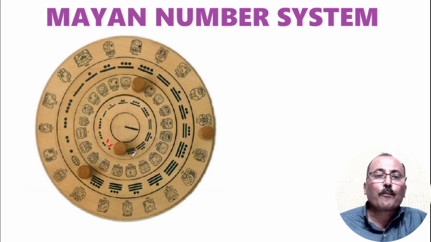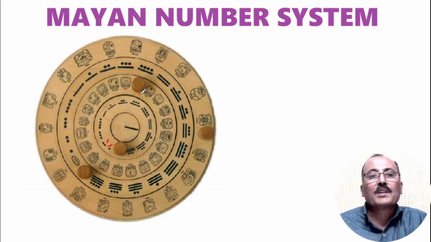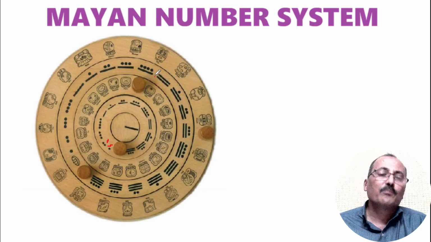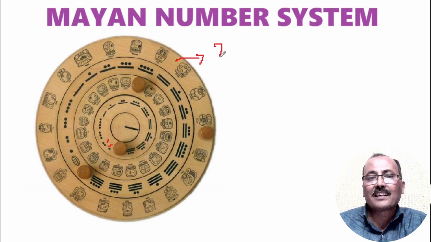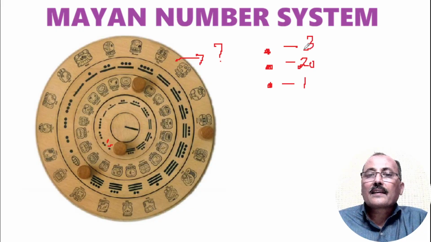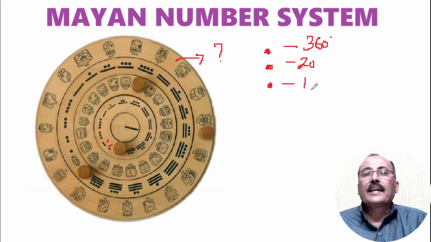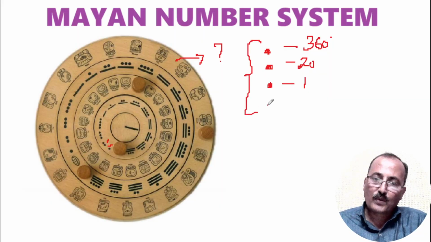Likewise, they created up to 20 only. 20 they kept as empty or placeholder. In the next row, they started the same symbols again. Here they kept 360, and this value and this value together they calculated. We are not going deeply into this calendar. So totally 381 is the value for this one.